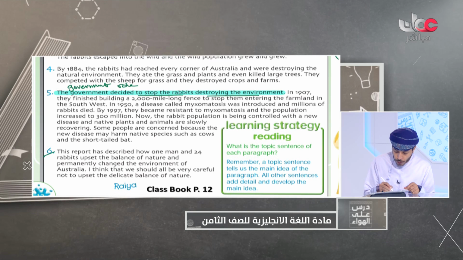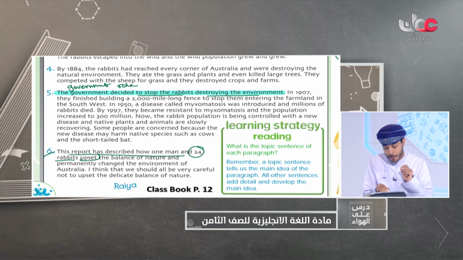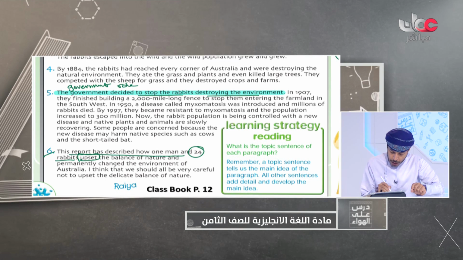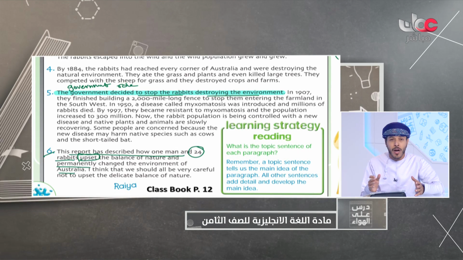Okay, and for the last one, for paragraph number 6, we can see what this report has described: how one man and only 24 rabbits upset, and we have talked about upset, to make something angry, upset the balance of nature and permanently change the environment of Australia. So Australia's environment has totally changed because of upsetting the nature of it by bringing 24 wild rabbits to Australia.